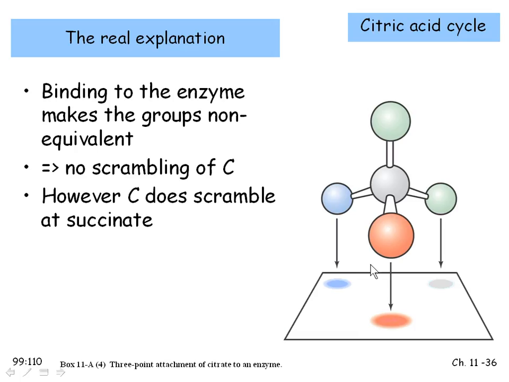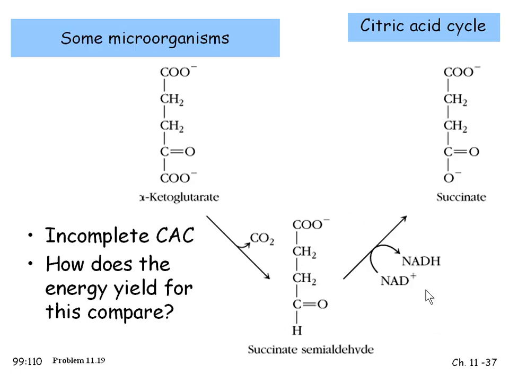So once they get to succinate, however, we do start to see the carbons thoroughly scrambled. I've mentioned that biochemistry is nearly universal, but it's not utterly universal. I've already mentioned for you the fact that the blue-green algae don't have alpha-ketoglutarate.